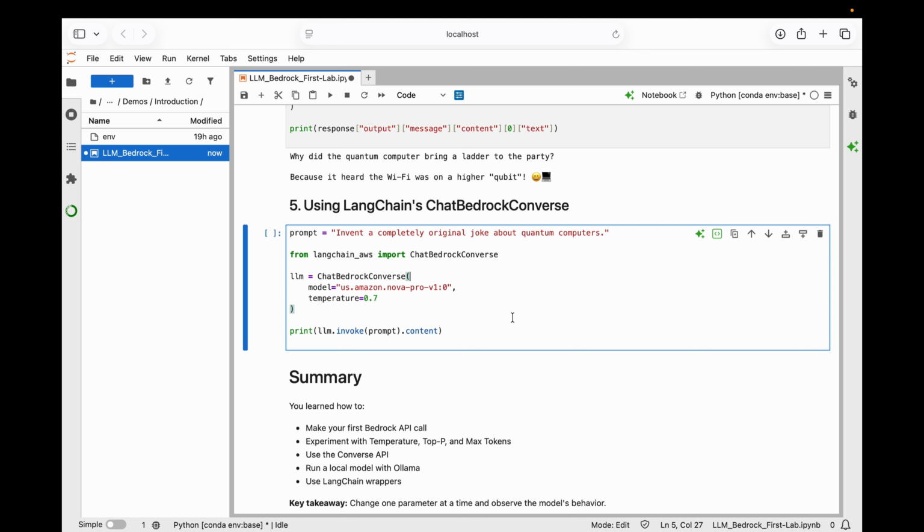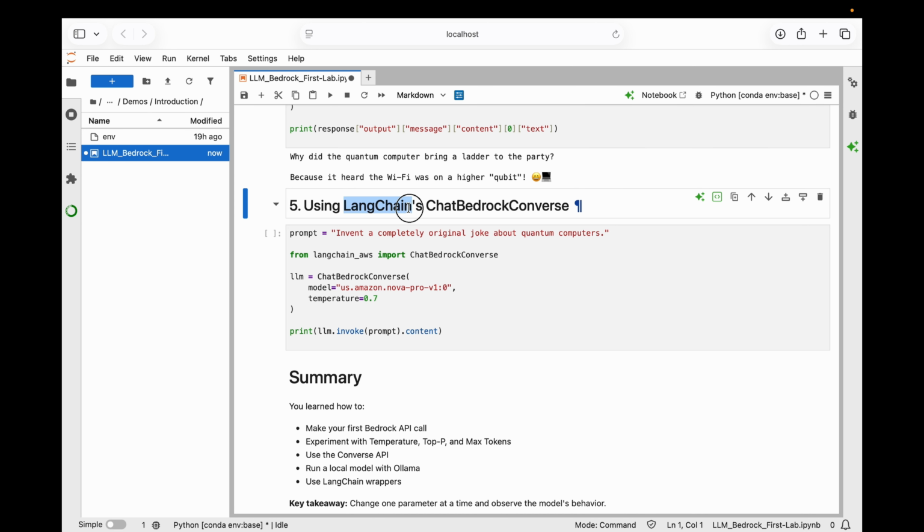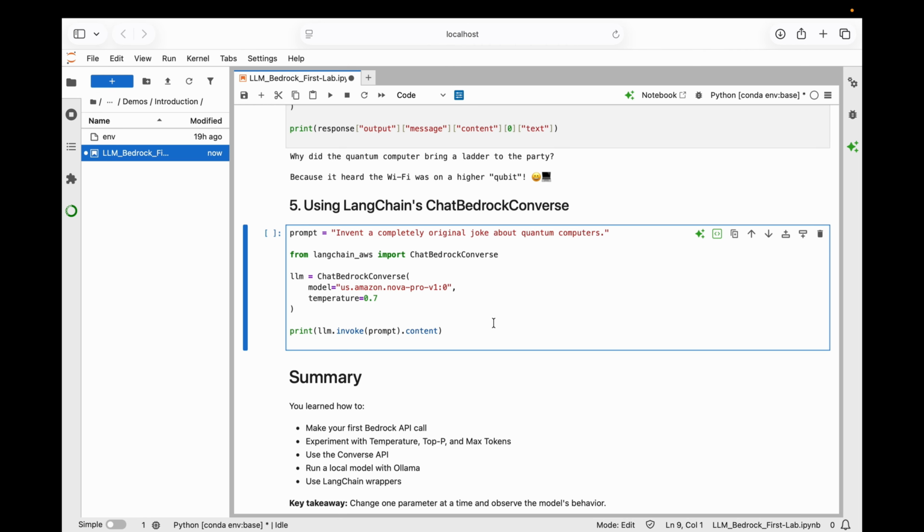And as a last step in this demo, I also wanted to briefly touch upon LangChain's ChatBedrockConverse API. LangChain is a framework that provides modular components for building generative AI applications. It has a module, ChatBedrockConverse, that allows us to invoke Bedrock models through LangChain. Later in this series, when we use LangChain for workflow implementation or agent implementation, you will see that there are certain times when I use ChatBedrockConverse.